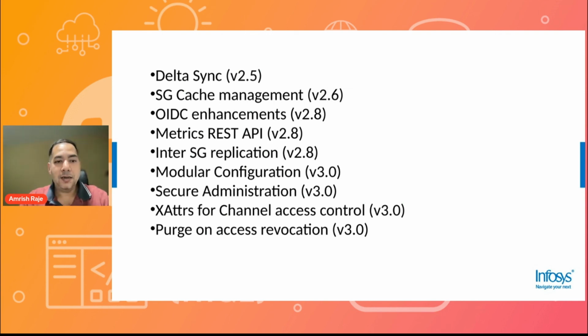With 3.0, when the user loses access to a channel, Couchbase internally takes care of getting rid of that document from the database. It allows me to get rid of all these custom cleaners that we had to write on the mobile side. So again, super excited about this new feature and looking forward to it.